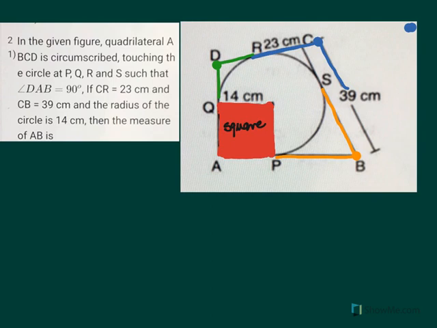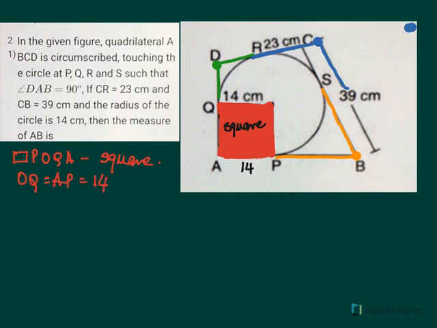If this is a square, I can say this is 14, this also will be 14. So that is the first step. So we have quadrilateral POQA is a square, and because it is a square, I can say OQ equal to AP equal to 14.